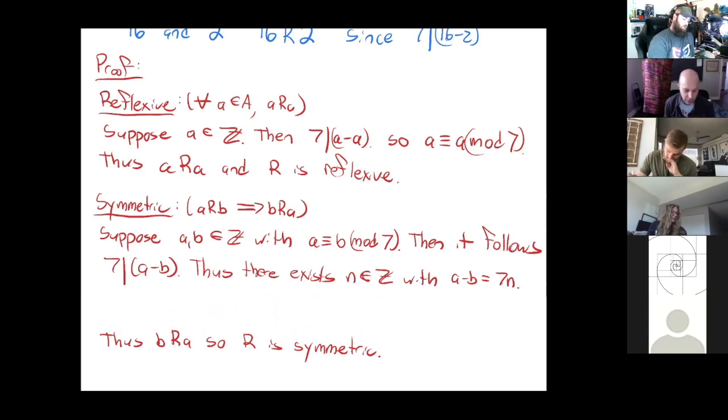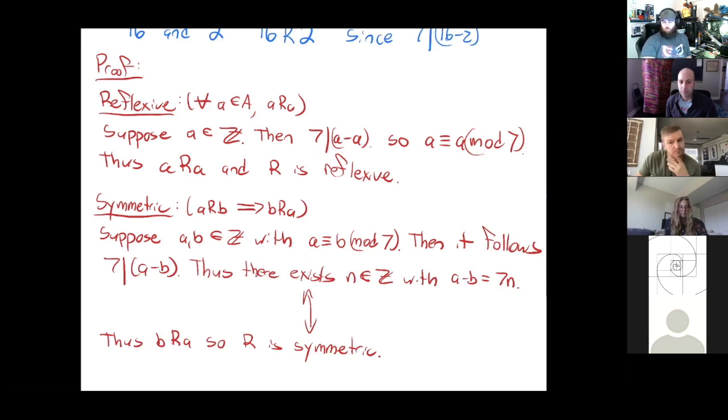So what do I need to clear up before jumping down to that last sentence? Anybody have any thoughts about what remains? We haven't shown that B is related to A yet.